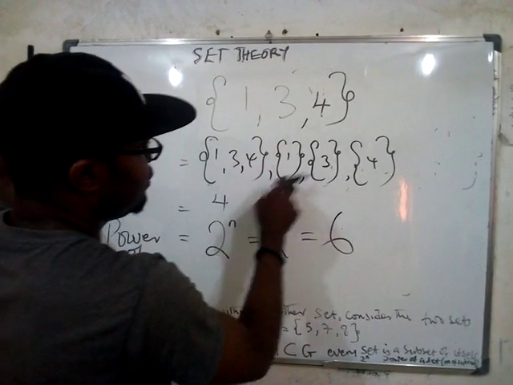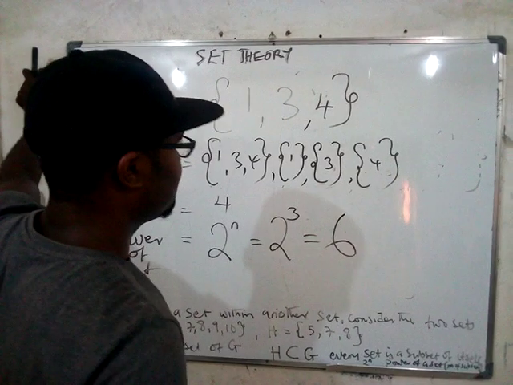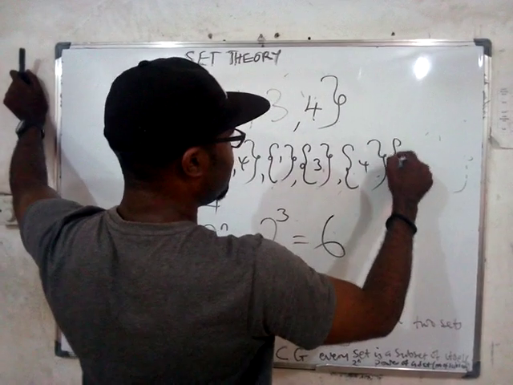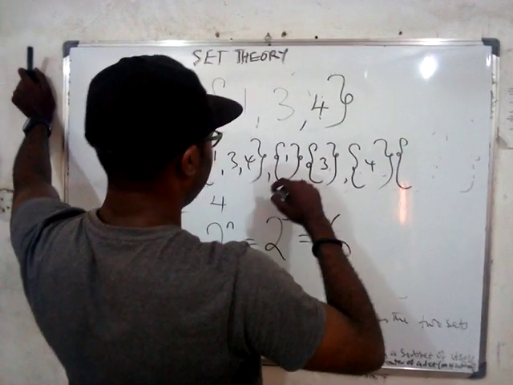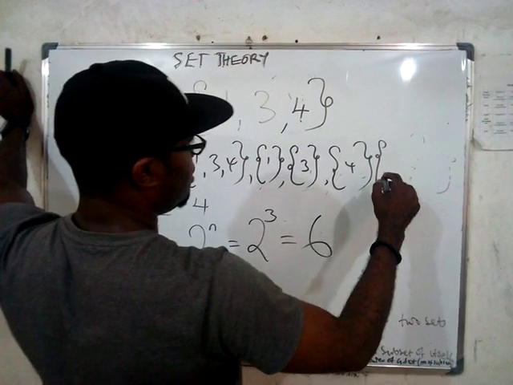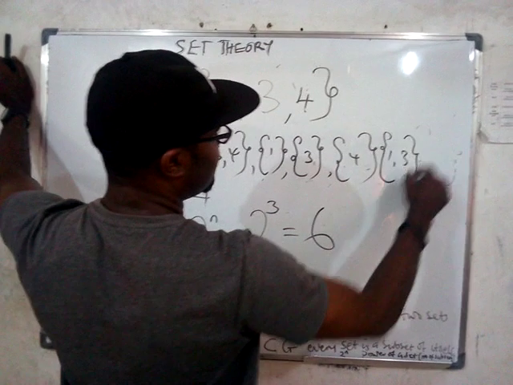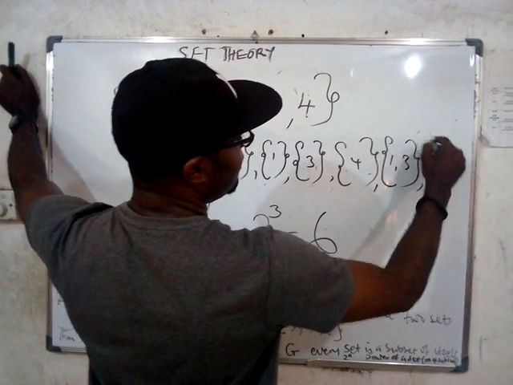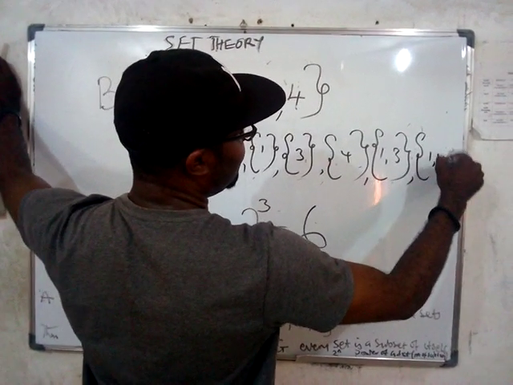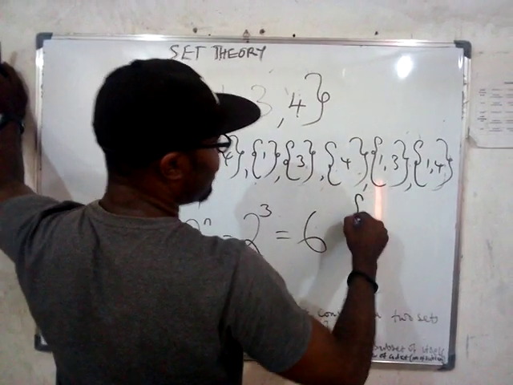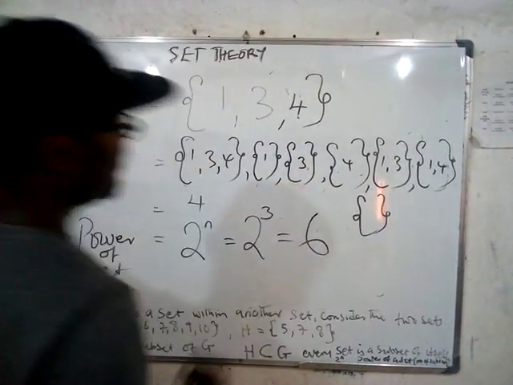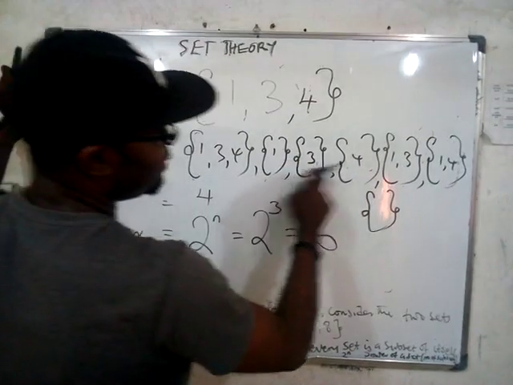That's how many? 1, 2, 3, 4. Then you have to write 1 and 3. Then 1 and 4. Then you have to write the empty set. So making it 1, 2, 3, 4, 5.